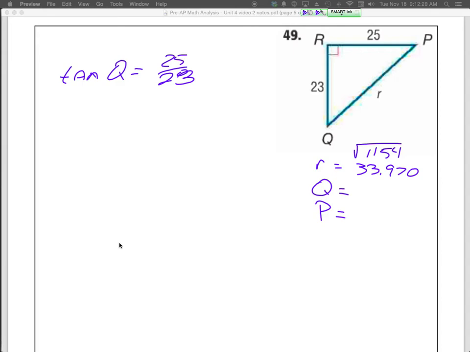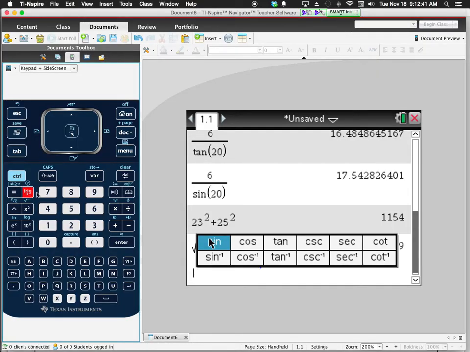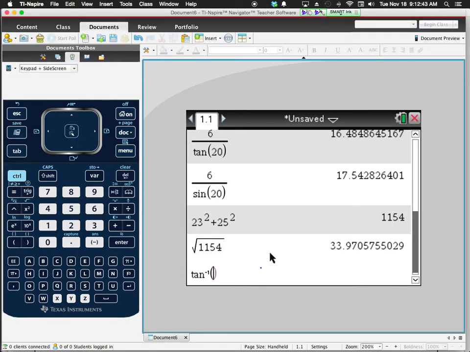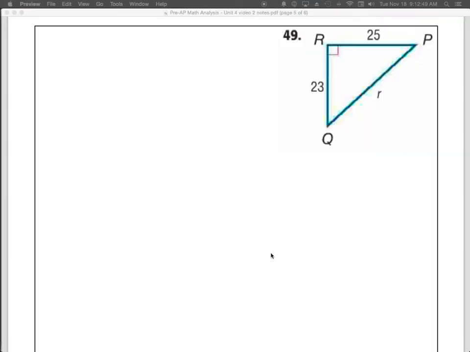So I have Q equals inverse tangent of 25 over 23. So I do trig, I do inverse tangent of 25 divided by 23, and that gives me 47.3.